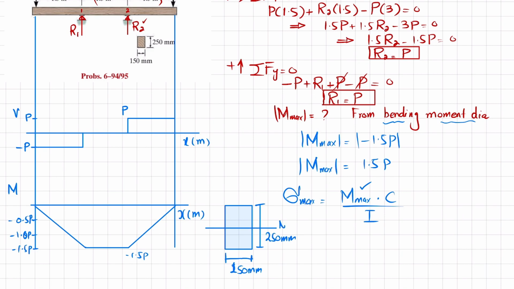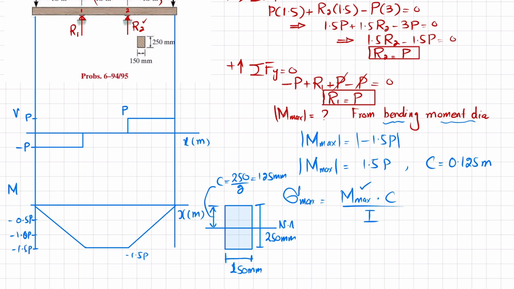So this is your neutral axis, and C will be this one, which is equal to 250 divided by 2, which is equal to 125 millimeter. So C is equal to 125 and in meter it will be 0.125 meter.